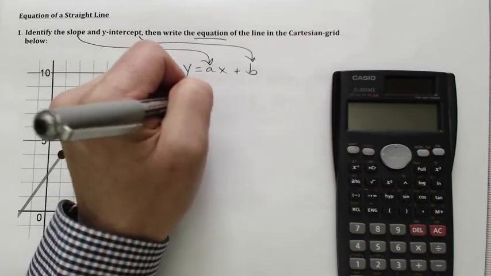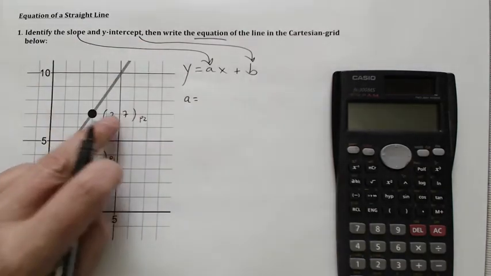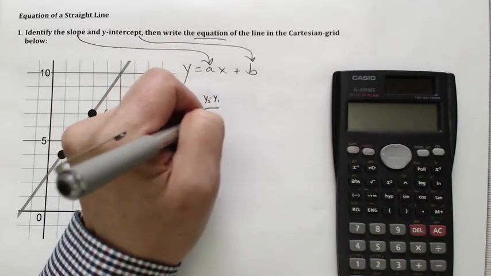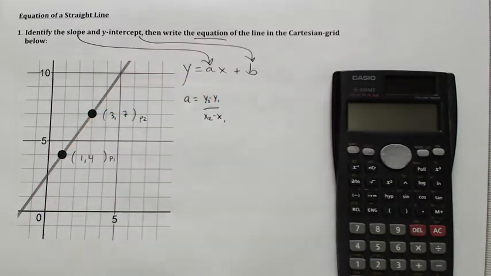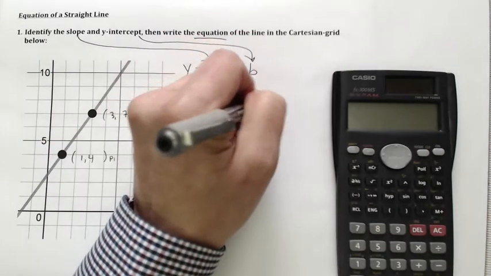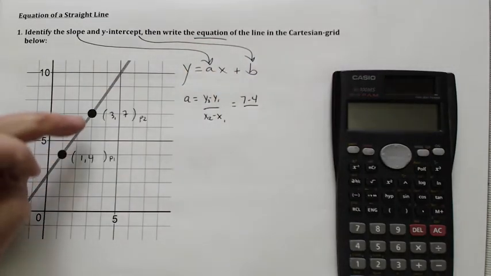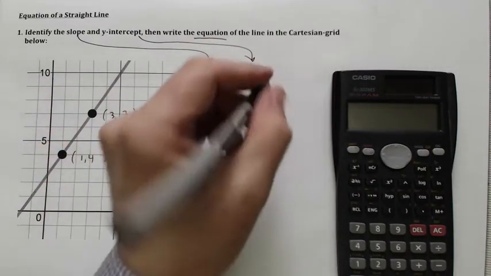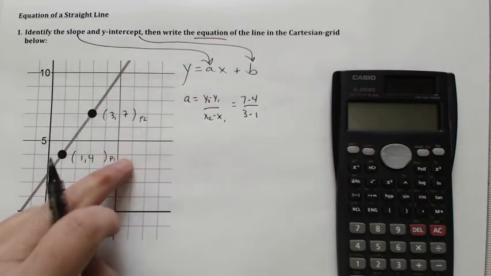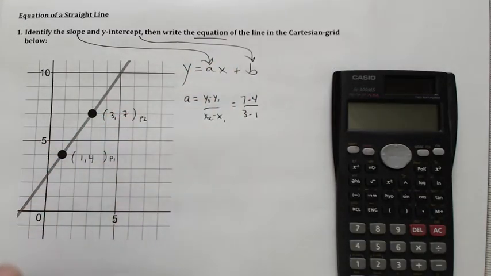So a is equal to y2 minus y1 over x2 minus x1, which is equal to 7 minus 4 over 3 minus 1. Remembering, it doesn't matter which one is P1 and P2, but once you've labeled them as such, you're stuck with that.